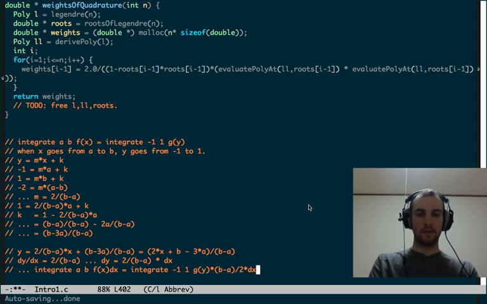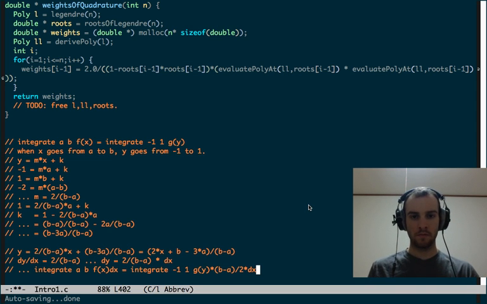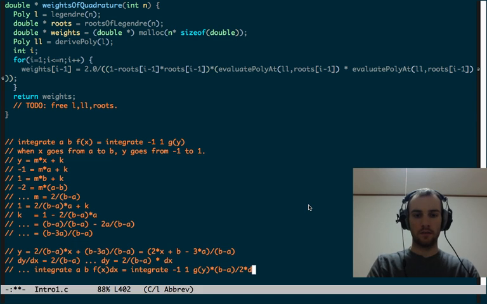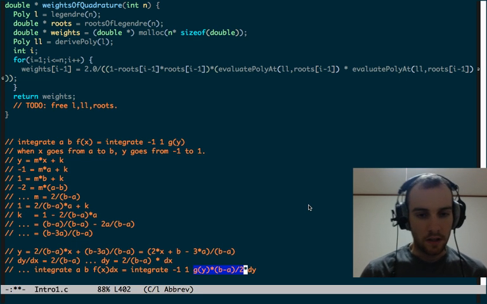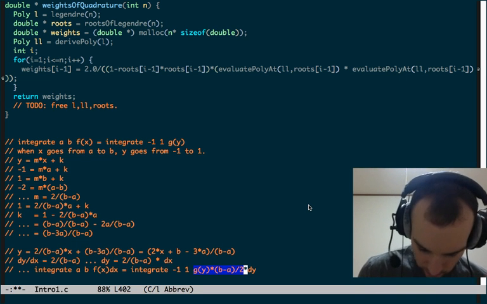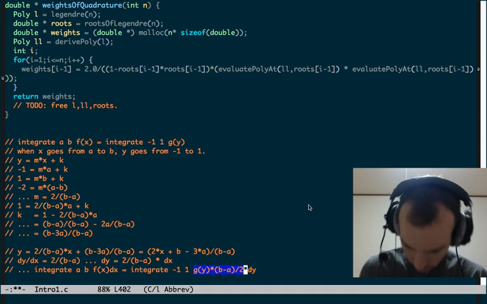Hopefully I got that right. And so that's the function we're going to integrate. You give me f, and then I compute this weird function. That's the one I'm going to use.